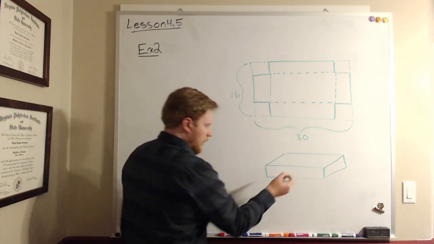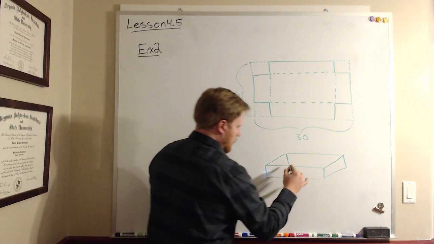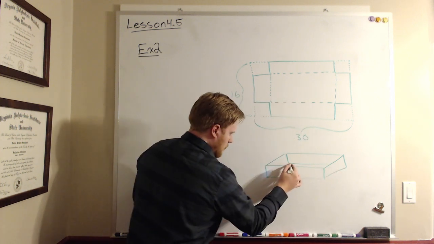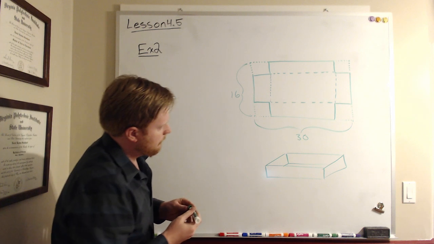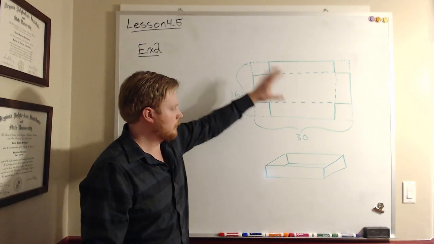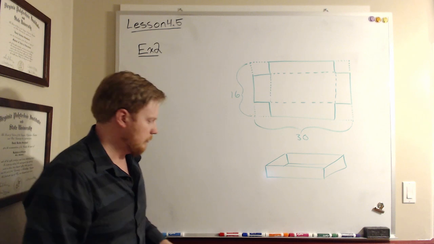Right? And then how do you open the box? You just draw a line over there. Right? So my goal here is to take a flat piece of cardboard, cut out the corners so that I can fold it up and make a box.